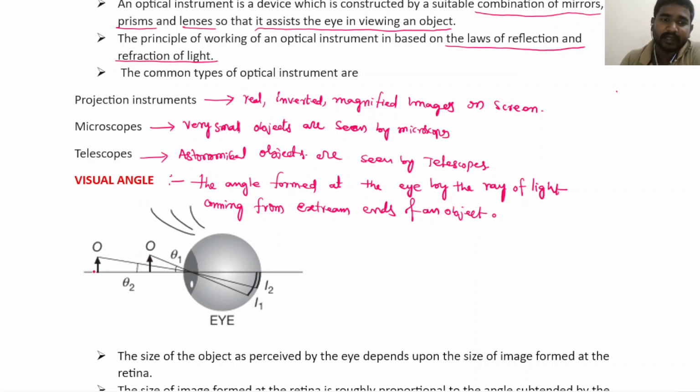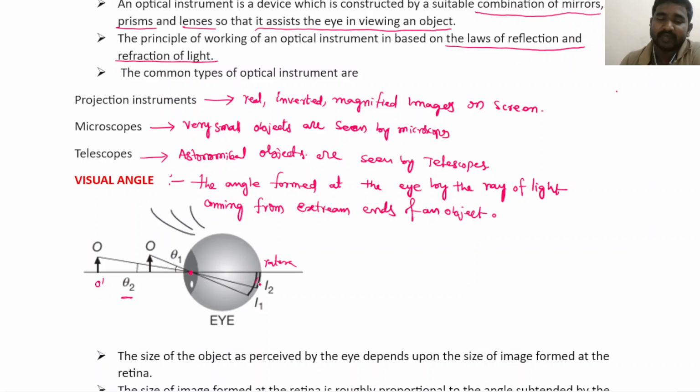See here, it is the object. Let us take OO' as the object. So this O' makes an angle at the eye. For this one, it is theta 2. And here the image will be created on the retina. This part of the eye you can take as the retina.